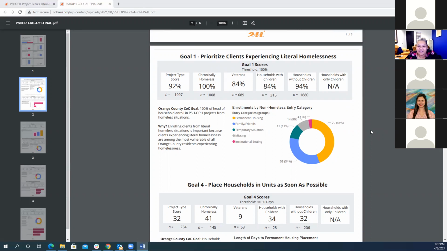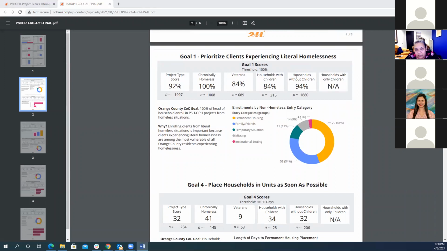So goal 1, this is looking at clients that are entering from homeless situations. The goal is 100%. We actually do pretty well on this measure overall, especially for those COC funded projects. But you can see the breakdown for the project type as a whole, as well as different subpopulations here.